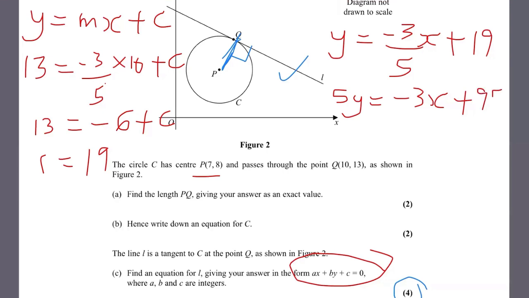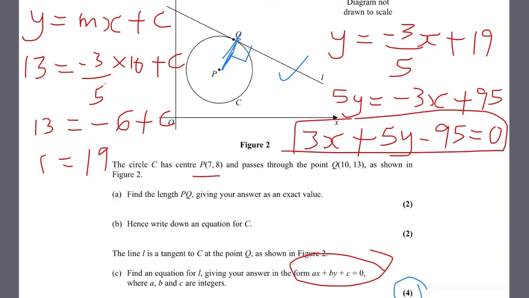That's good. So if we want to leave it in this form, we should have 3x plus 5y minus 95 equals 0. Is that okay? Yeah, that's fine.